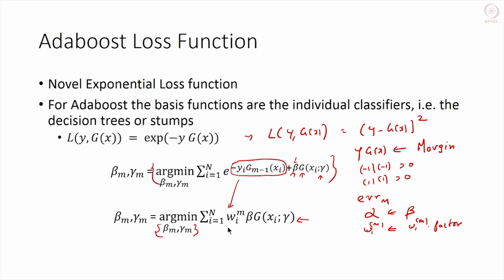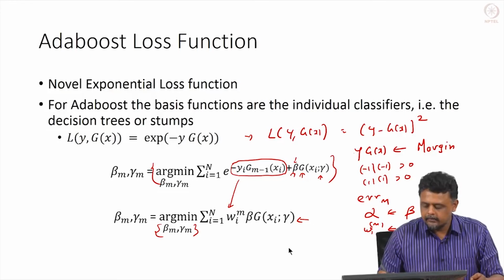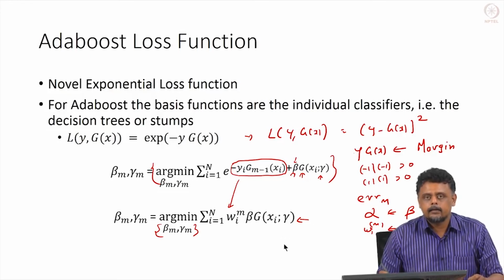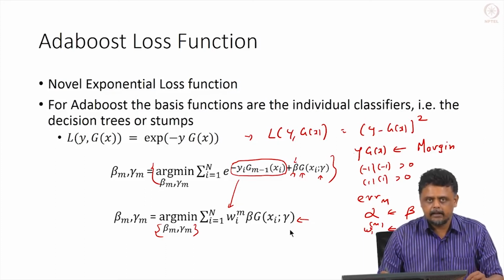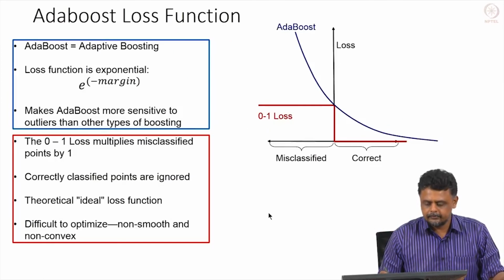The update rule for these weights and the estimate for beta can be obtained by just optimizing this loss function. Even analytical expressions can be obtained. So this is the basis for the AdaBoost algorithm.